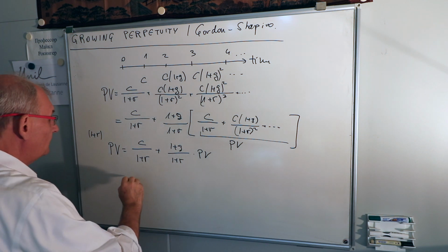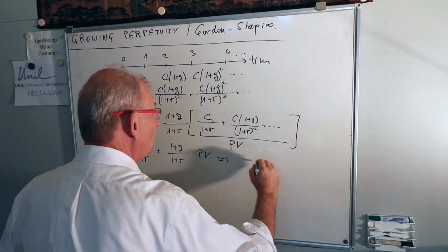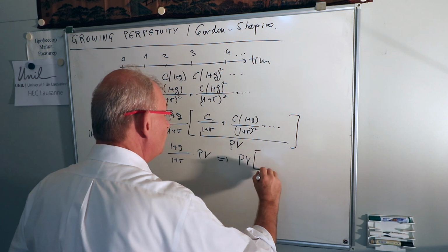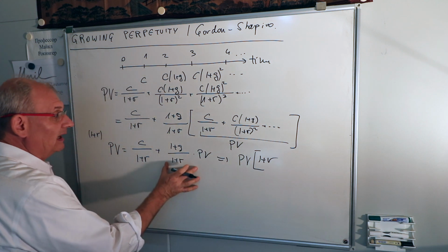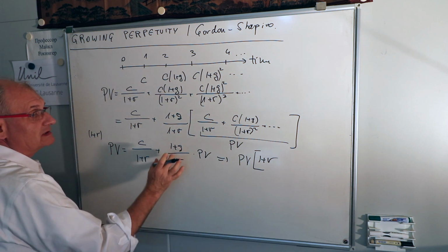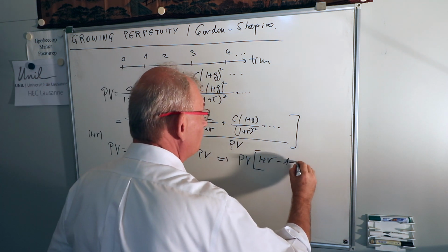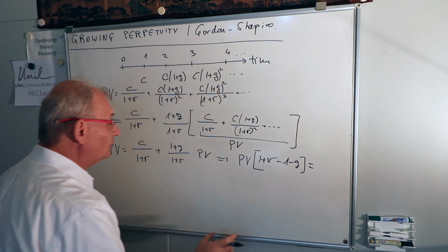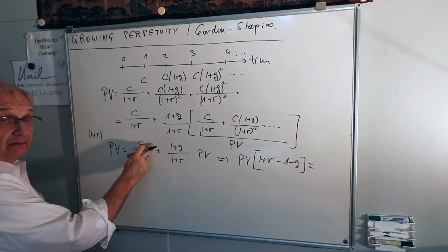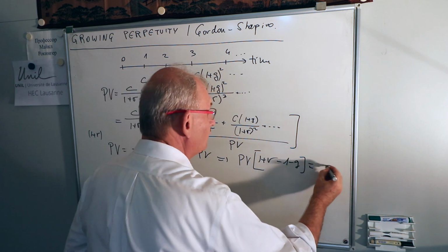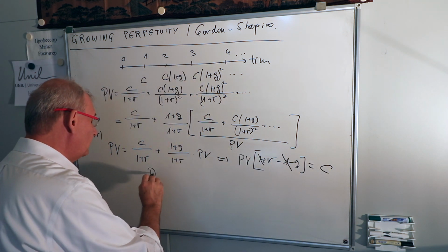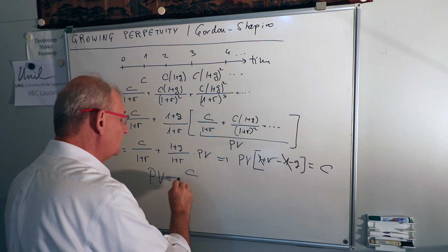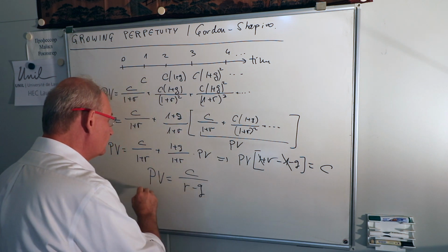It's like writing PV times a certain term, which is 1 plus r, minus the term that I have on the right hand side, minus 1 minus g, is going to be the term that remains on the right hand side, which is c. Clearly these terms simplify, and I'm getting now that PV is going to be equal to c divided by r minus g.